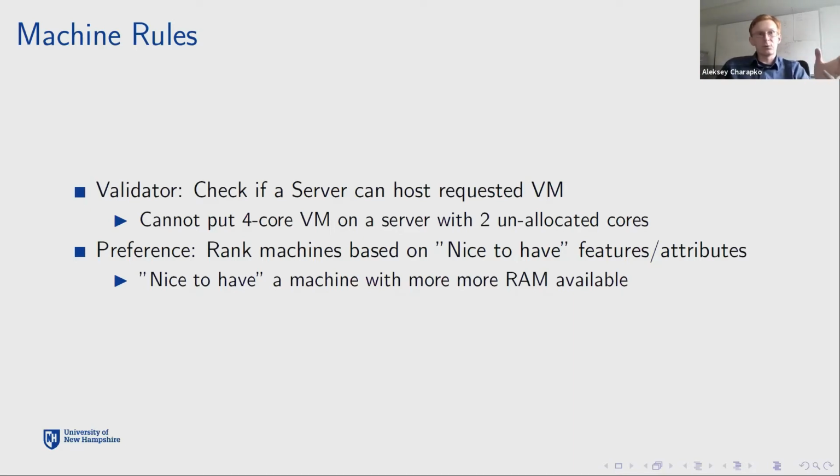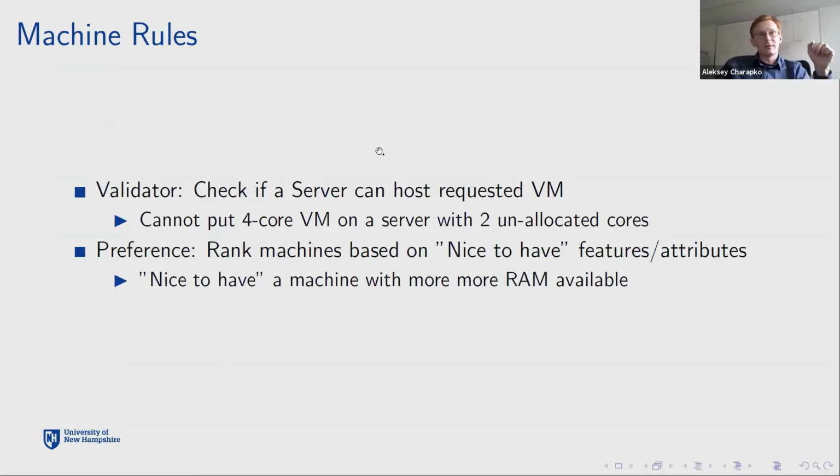So one example would be, if you're trying to allocate a virtual CPU VM, and you have a server that has only 2 unallocated cores, well, that server cannot host this VM, so you can filter it out right away. You don't have to even consider this server as something that you need to worry about.